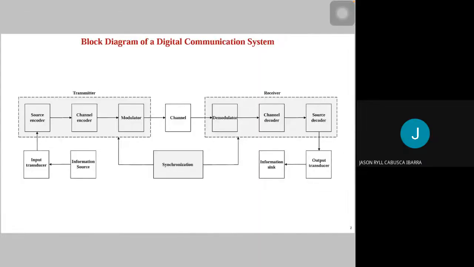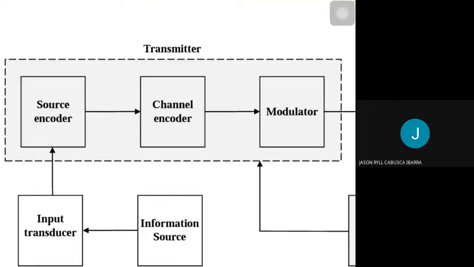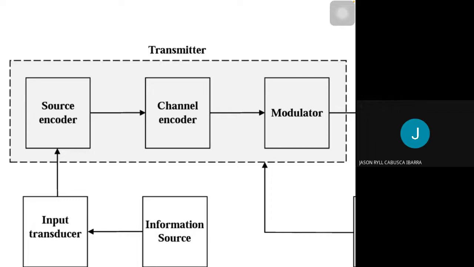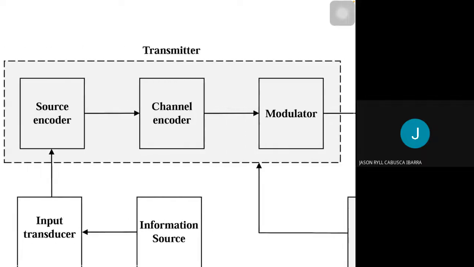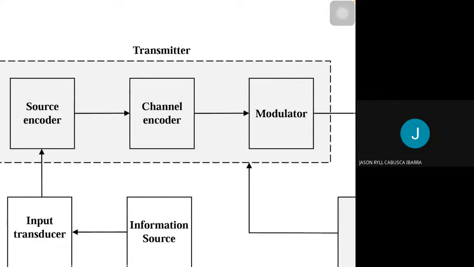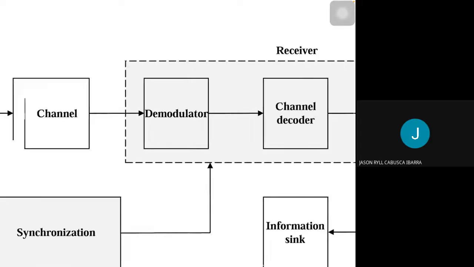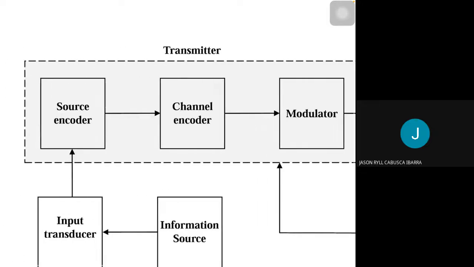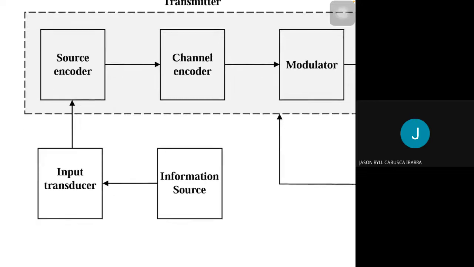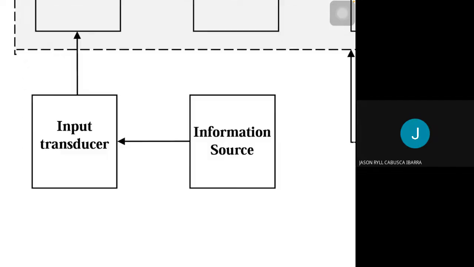But because this is a digital communication system, the transmitter is specified further as including these 3 main components: the source encoder, the channel encoder, and the modulator. The same goes for the receiver, which has its counterparts: the demodulator, channel decoder, and source decoder. Before the transmitter processes the information from the source, it goes to the input transducer.